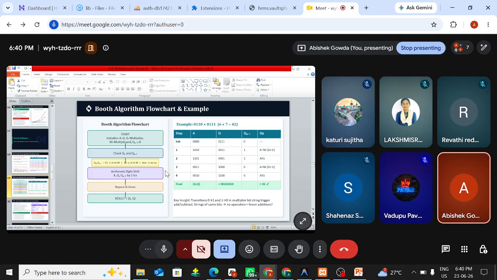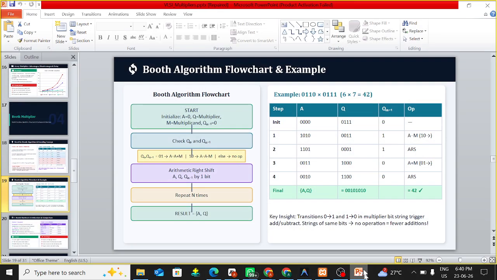What I'm trying to say is, why we need a multiplier, and why it takes so much area. In an array multiplier, the tasks are formed in the form of rectangular boxes.